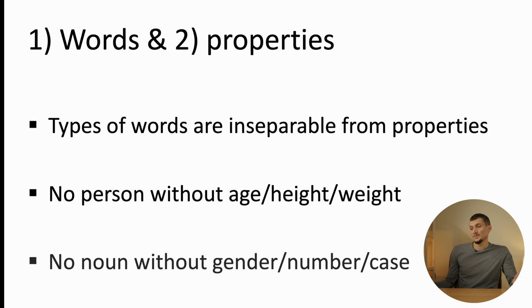And similarly, there is no noun without gender and number and case. For all practical purposes, we can think of it as being exactly the same. A certain age, height, and weight make up a certain person, and a certain gender, number, and case form a noun. It's maybe just a different word for the same thing.